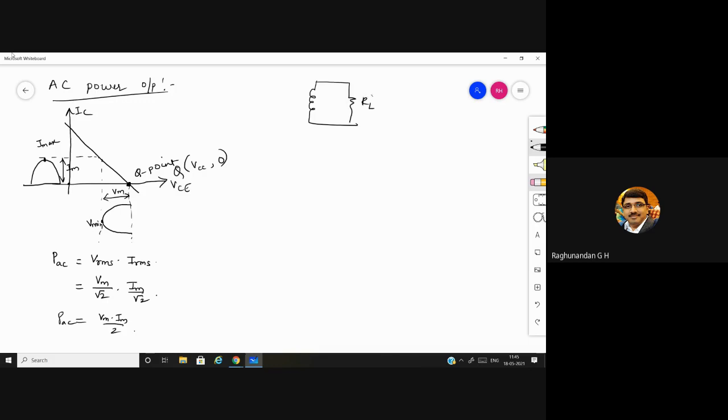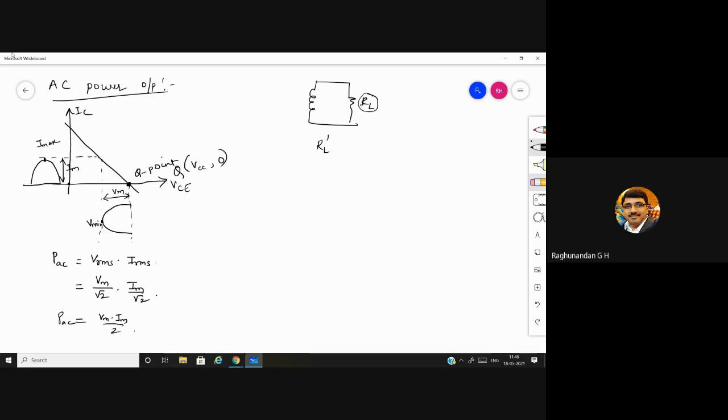So this load resistance will have its reflection over the coils. What do you call that reflected resistance? RL dash. So here we need to consider the reflected load resistance, because the load resistance is connected to the transformer.